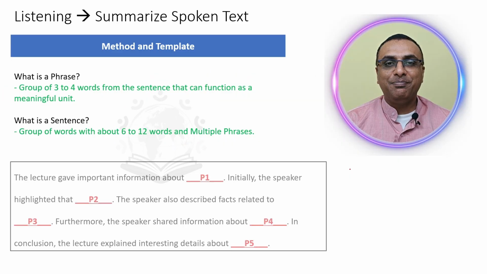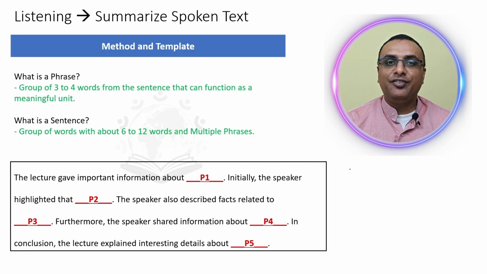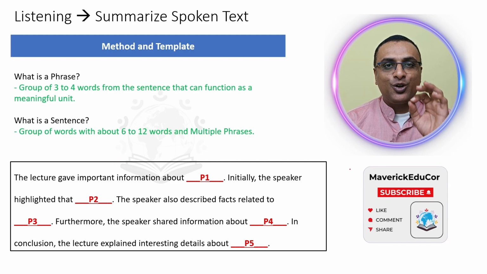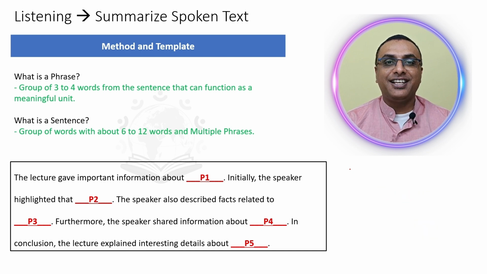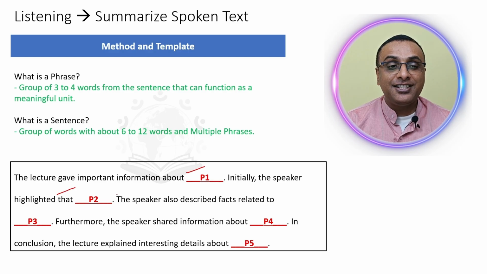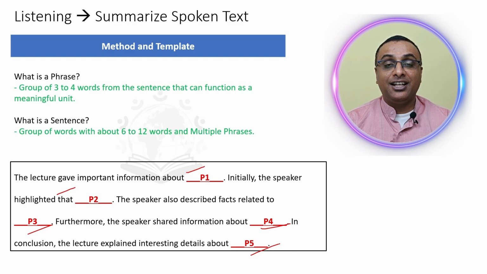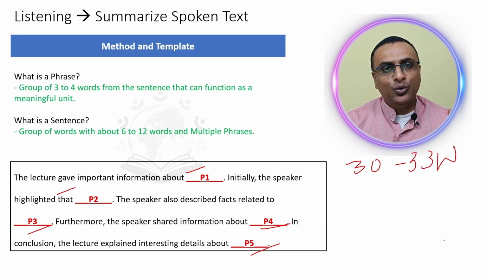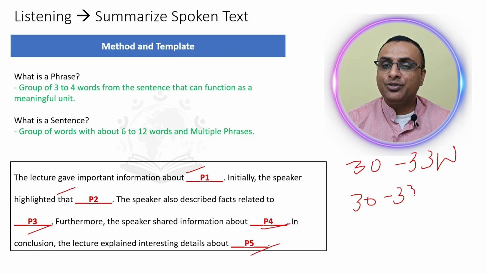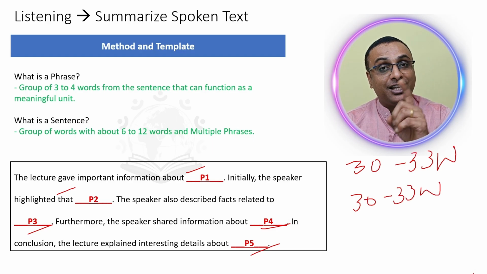Now let's look at the template. Our template already offers you the structure and coherence that you need to maintain to score a good amount of marks in your response. On the other hand, you need to fill in your phrases in these respective places so that you will get a complete answer. Now, this template already has about 30 to 33 words. You need to key in another 30 to 33 words in terms of phrases that you have written down in the scribble pad.